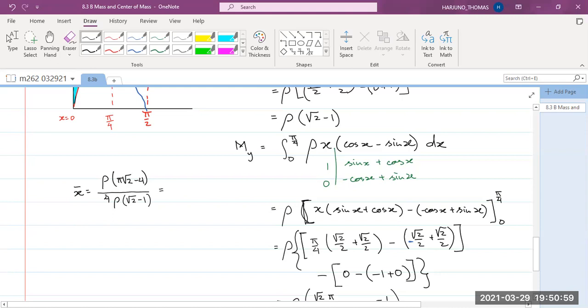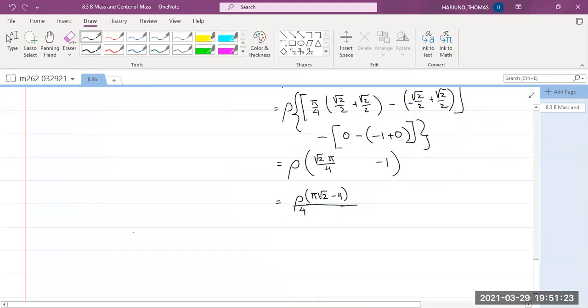So I cancel the rho, and I get pi radical 2 minus 4 over 4 radical 2 minus 4. Ooh, that's ugly, huh? Okay, now that's for x bar.